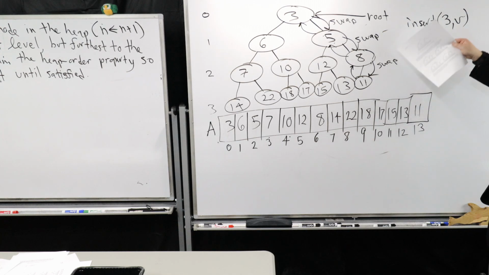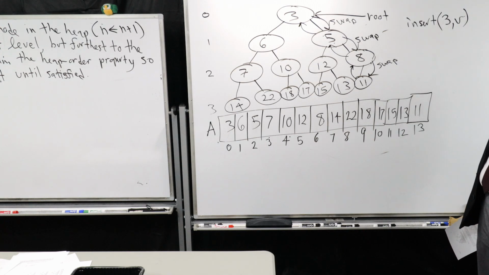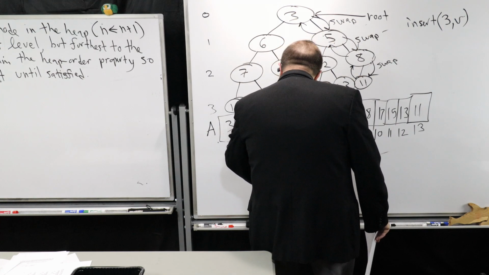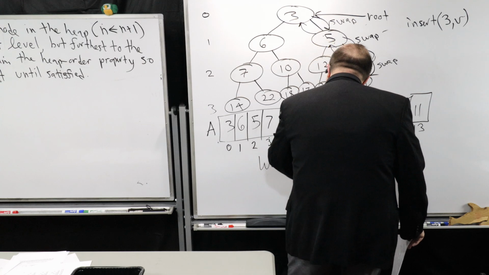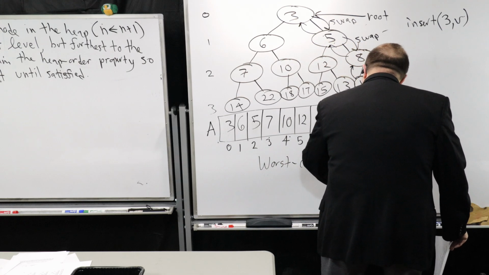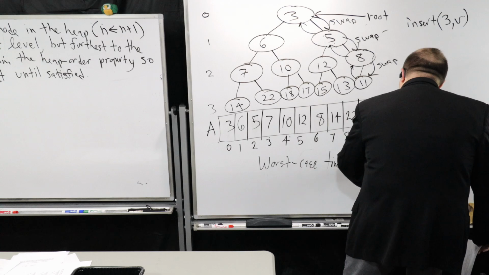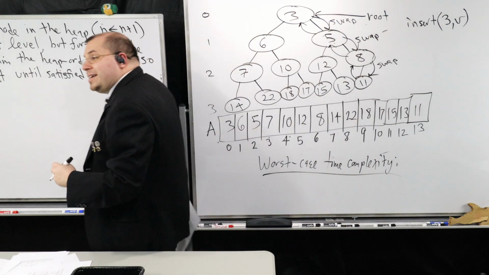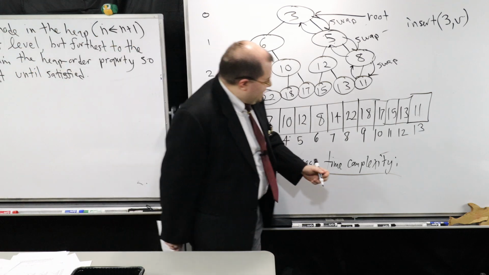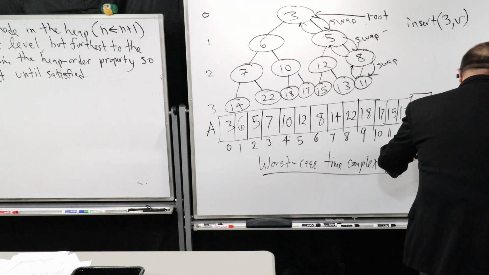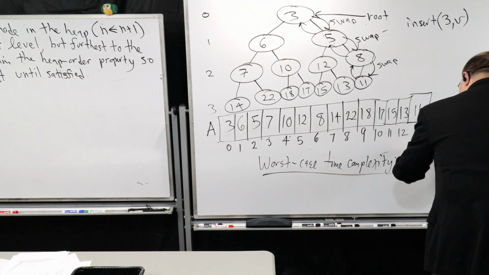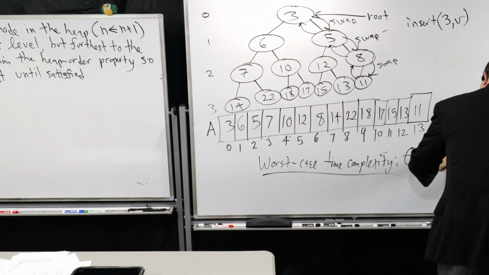But notice, how many swaps do I have to do? It's logarithmic. Perfect. So the worst case time complexity in this case is simply big theta of log n time.